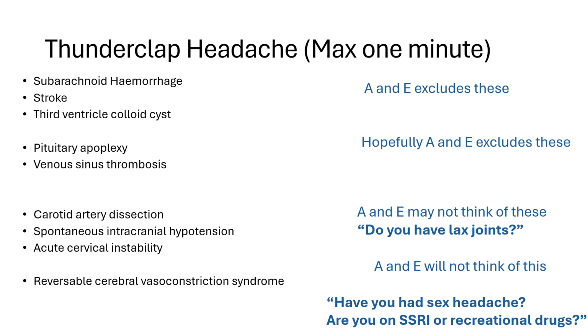Then there are the things that A&E probably won't think of. Carotid artery dissection, spontaneous intracranial hypotension, a sudden rupture of a diverticulum in the dura, acute cervical instability. And the key question here is, do you have lax joints? We're asking for this now all the time, and of course when you ask for it you see it more.